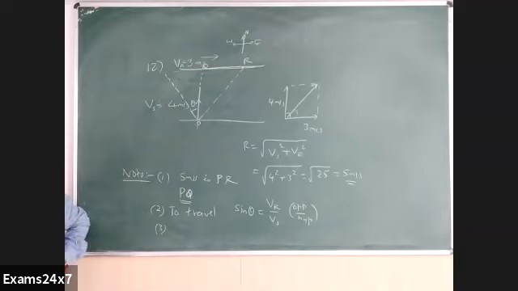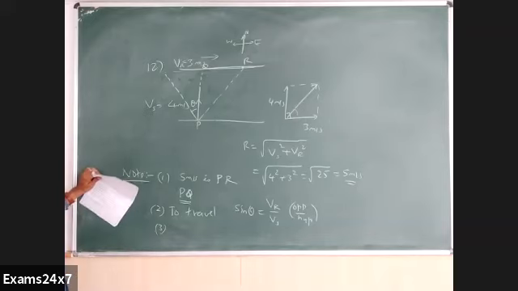Underline that word. It is not the shortest time to cross the river. So it is only the shortest path. The corresponding time is not the shortest time. Understood? What is that shortest time to cross along the shortest path?